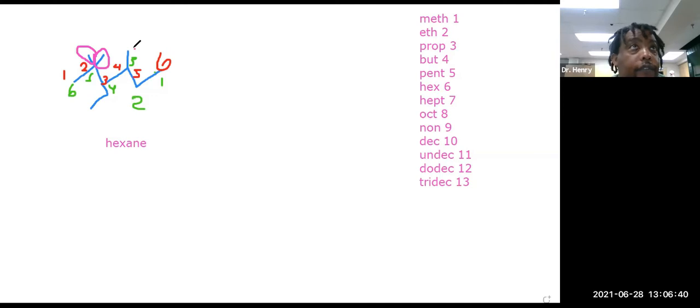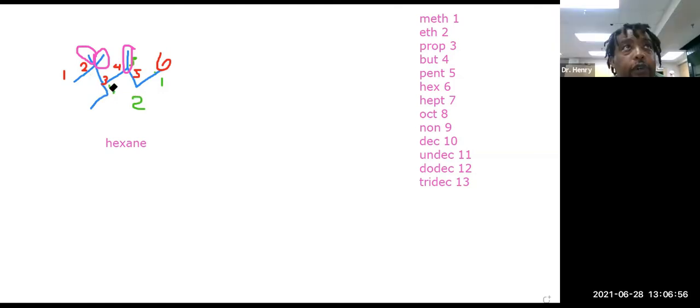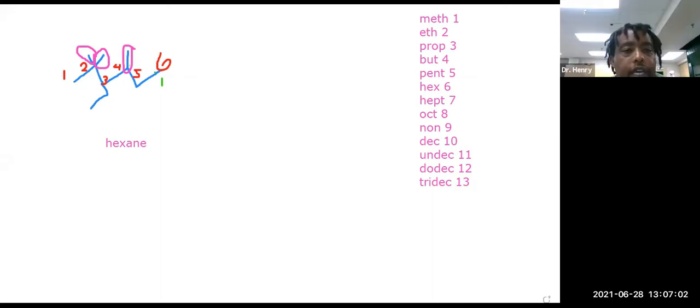And on the fourth carbon? Is that methyl? That's right. These guys are methyls. How many methyls do I have total? 3. So then I would say, what methyl?